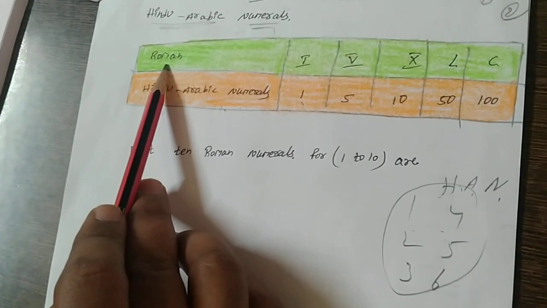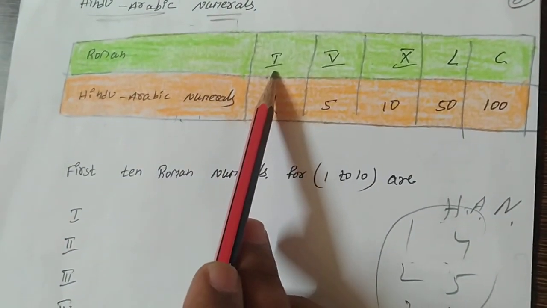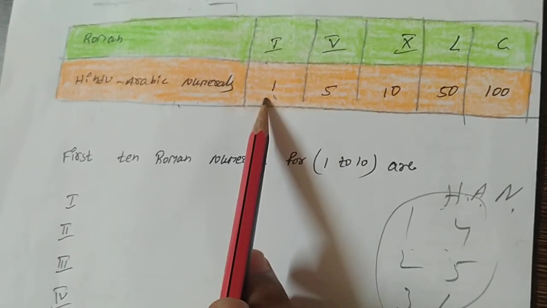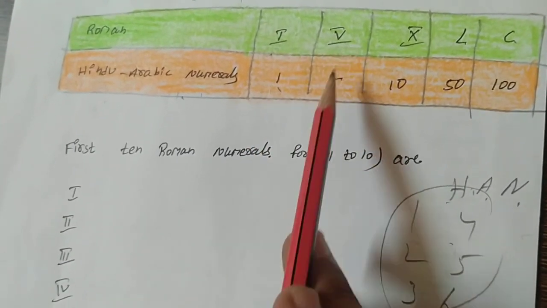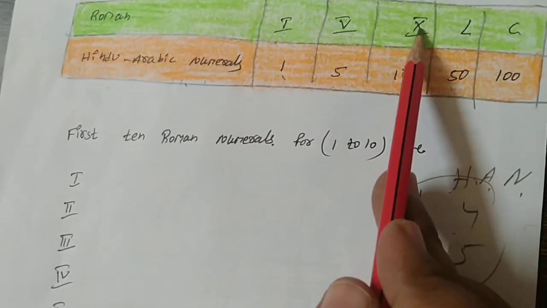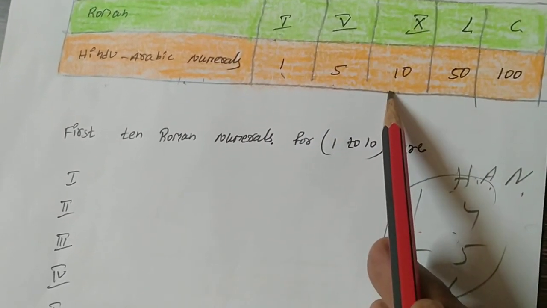Whereas going to the Roman numerals, we have to look at the symbols. For example, 1 in the Hindu Arabic you represent as 1, 5 as 5, and 10 as 10. The 10 symbol in Roman is this one and in Hindu this one.